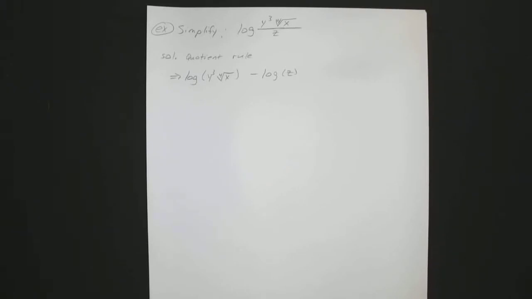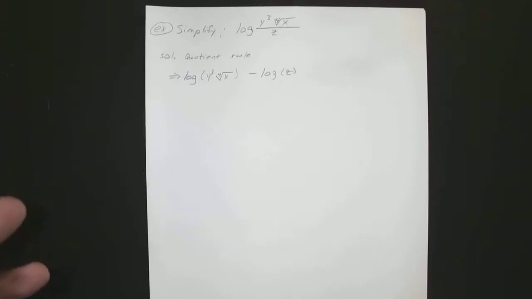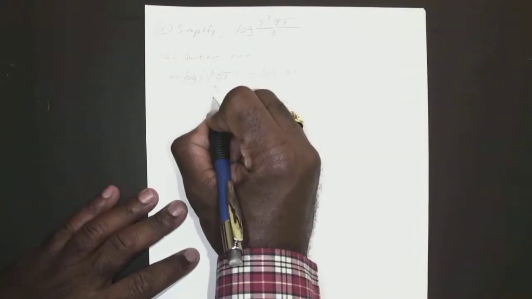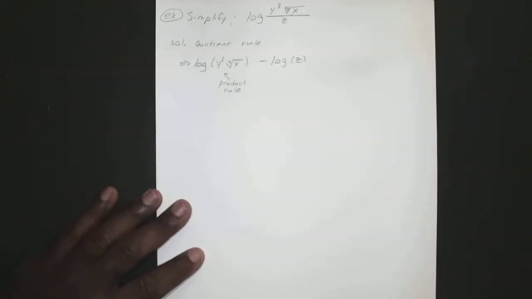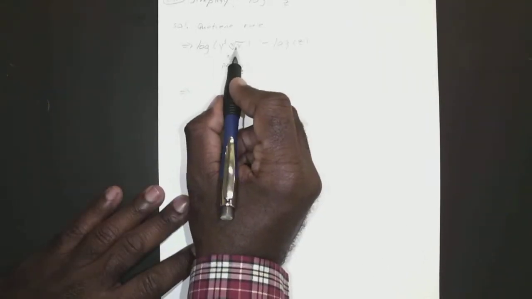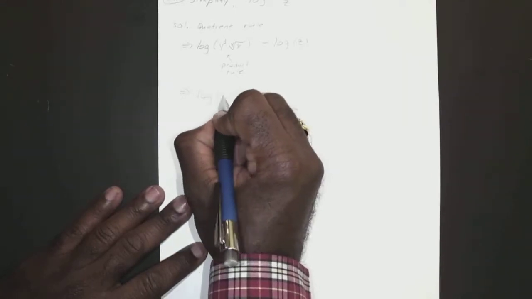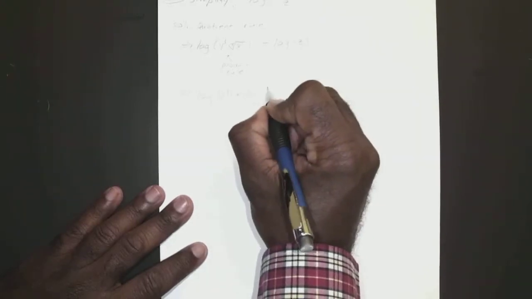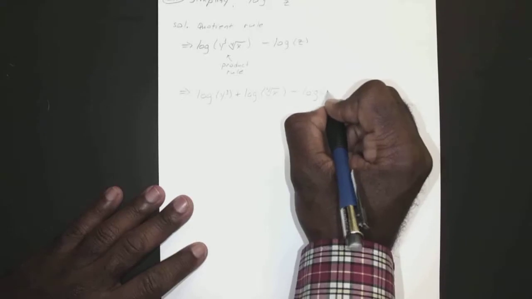Okay, so doing that, this one's okay. This one, now you still have a product to deal with. So for this one, use the product rule. Remember you add those when you have the product rule. So you have log of y to the third plus log of the fourth root of x minus log of z.